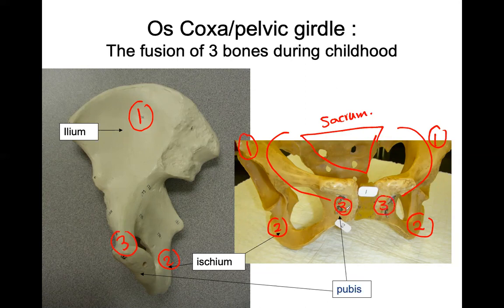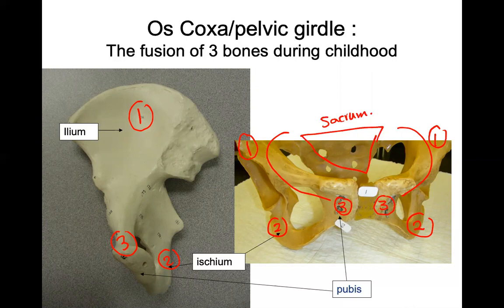Please do note that when you bring your whole pelvic girdle together, you create this central opening right here. If you are a female, this would be the birth canal.